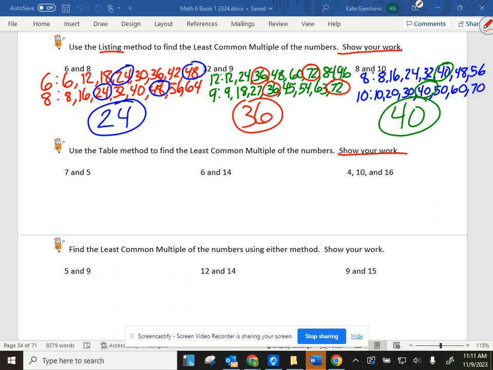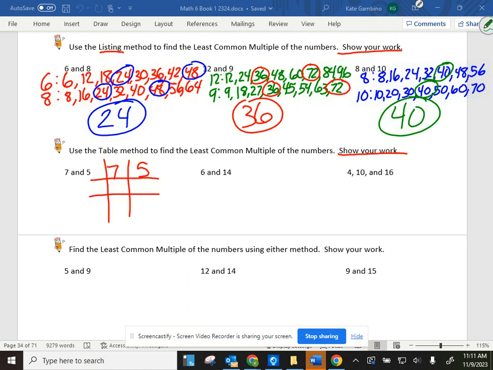So we have 7 and 5. We're going to make that table. So we've got 7 and 5. I'm going to do the same thing I did yesterday and see, are there any prime numbers I can pull out of 7 and 5? No. There are no primes to take out.